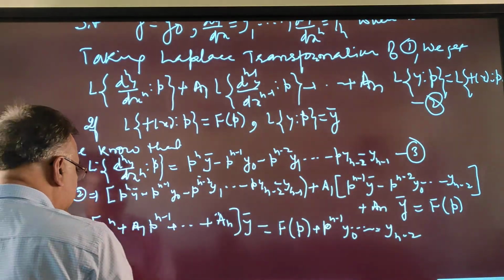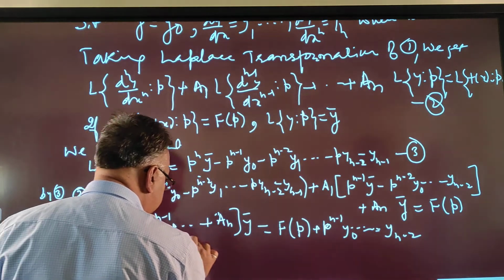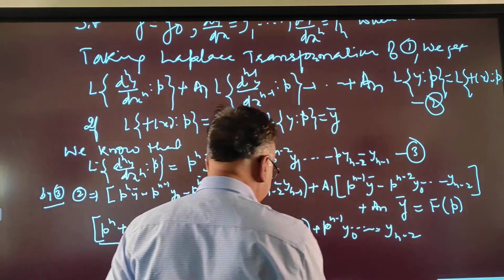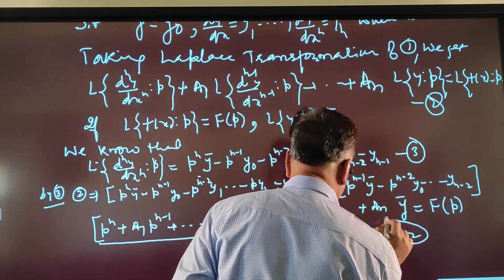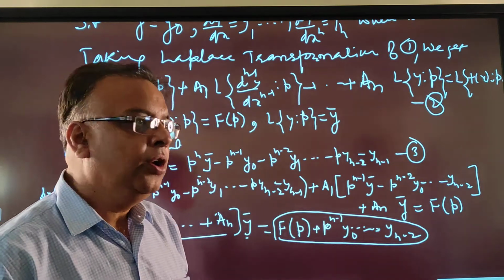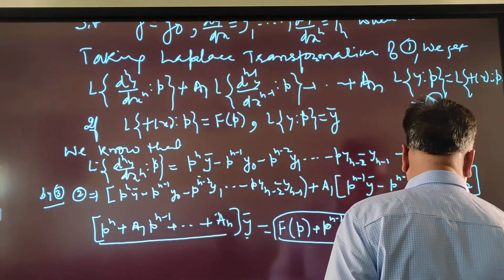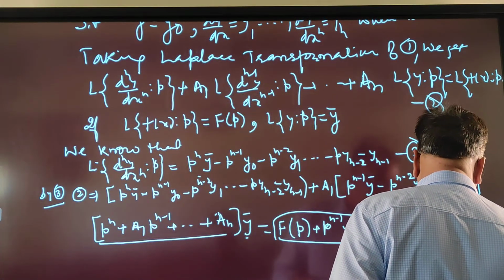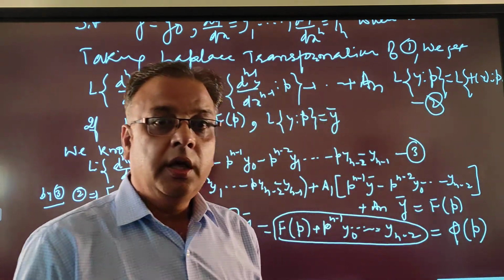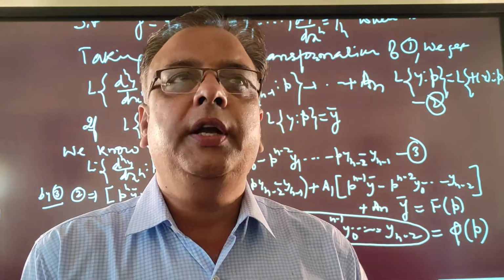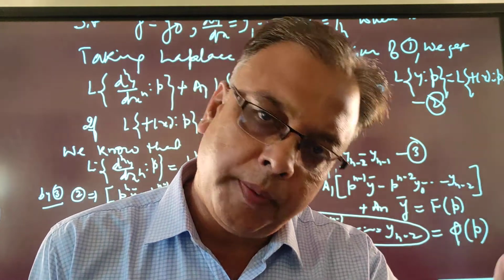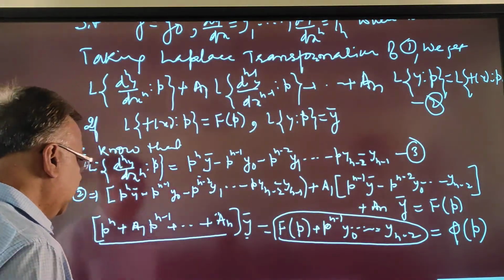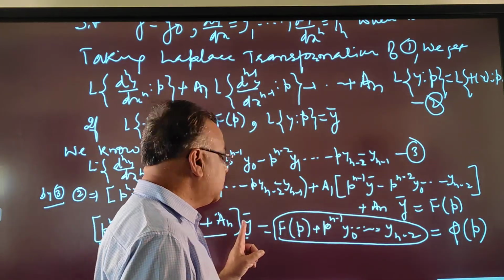Now, this is the coefficient of y bar, and on the right hand side we get a function of p. We can write this as phi(p). Phi(p) is the function of p, that is the Laplace transform of some function phi(x). Then we have to calculate this y bar.